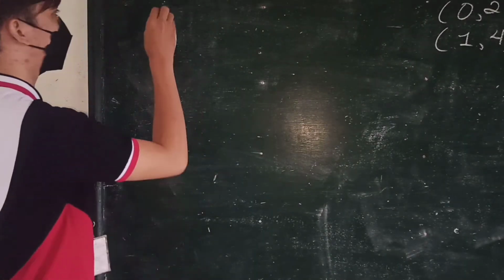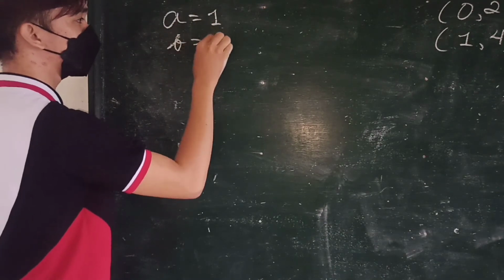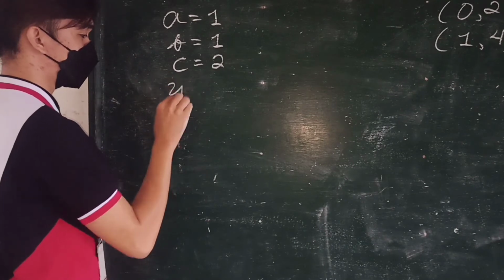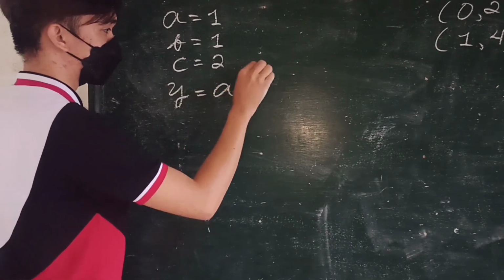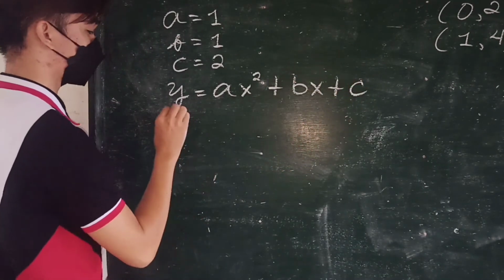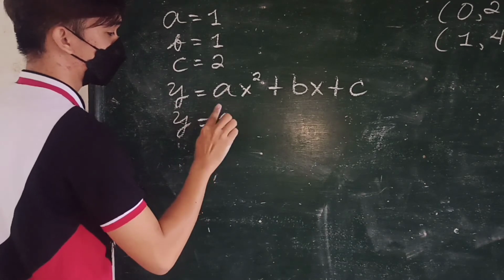Since we already have the value of a, b, and c, a equals 1, b equals 1, and c equals 2. Now it's time to find the equation. So we're going to use the general form, y equals ax squared plus bx plus c. All we have to do is to substitute the value of a, b, and c.